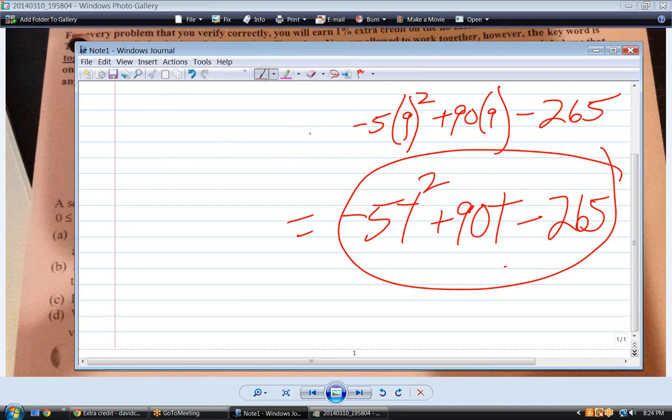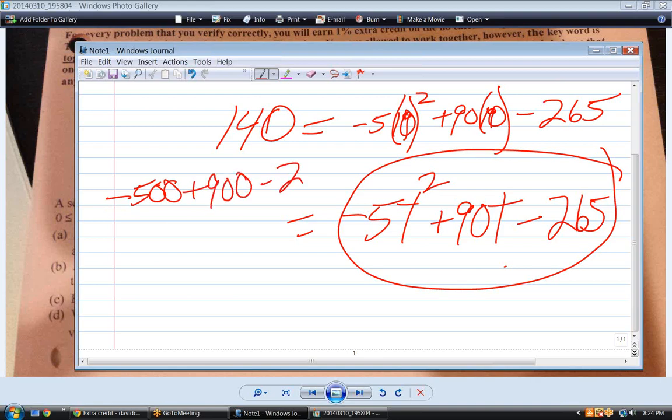So that has to equal 140. So that function works, and now if I plug in 10 seconds, it should be a number less than 140. What happens when I plug in 10 seconds? I get minus 500 plus 900 minus 265, 765, that's 135.